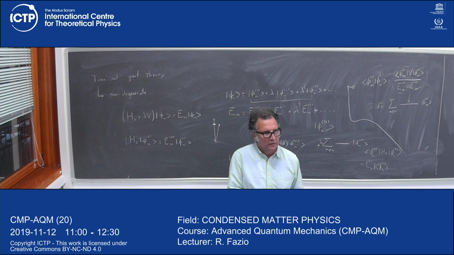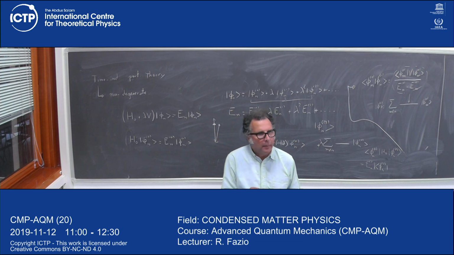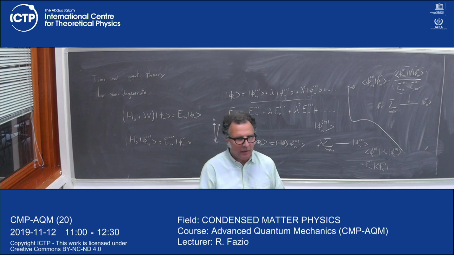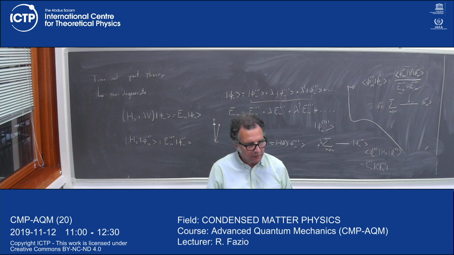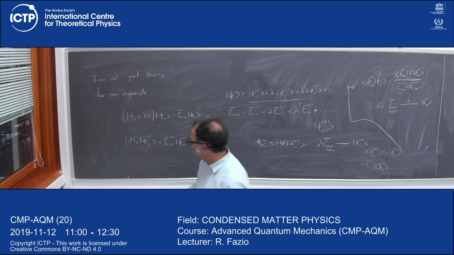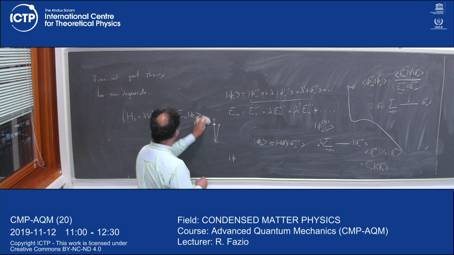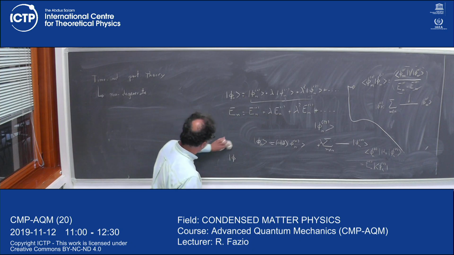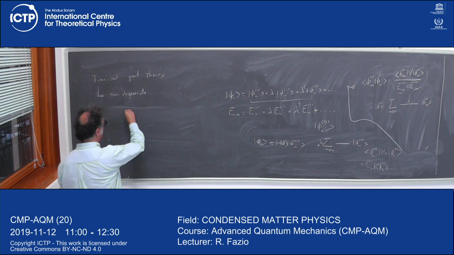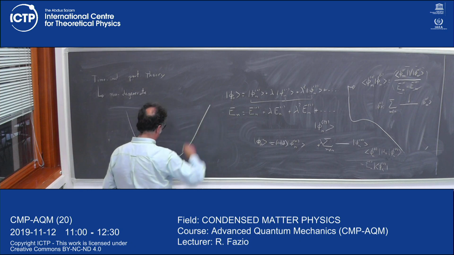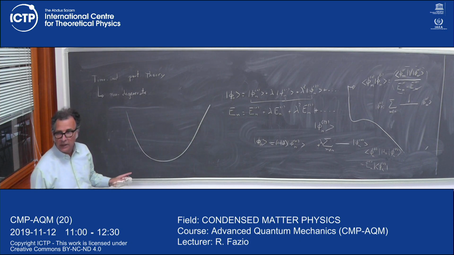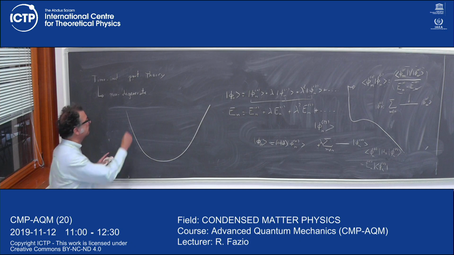First, the only thing which happens is that I can forget about how the wave function is modified. And I just say, for instance, let me say the following. So this is harmonic potential.